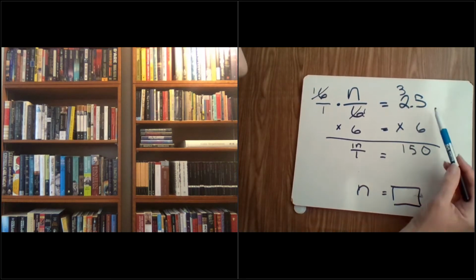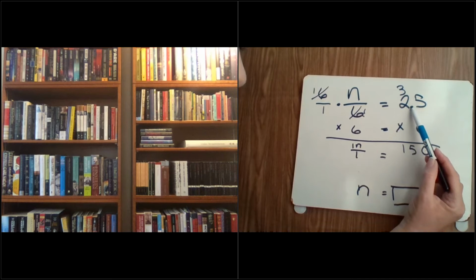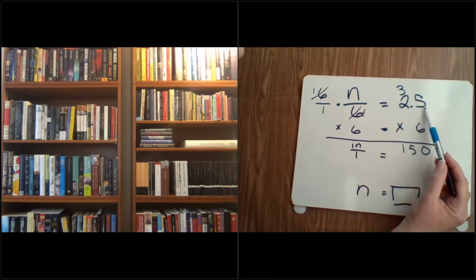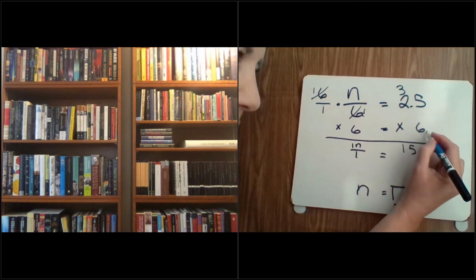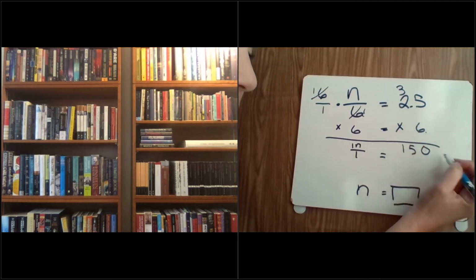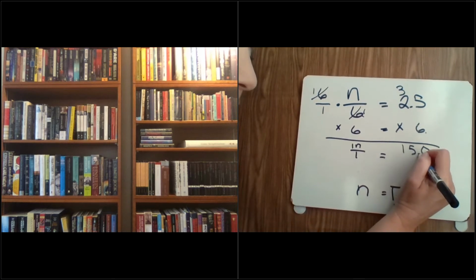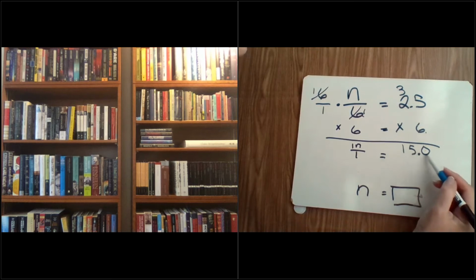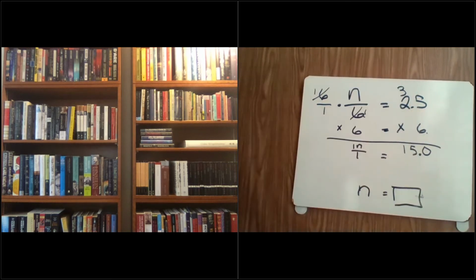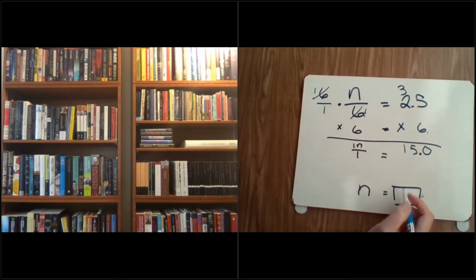But when I have my answer, I have to go back and find the decimal points within the two numbers, and I see how many digits there are to the right of the decimal. There is this 5 to the right of a decimal, and technically there's a decimal right there, but there's no digits to the right of it. So in the problem, there was one number to the right of the decimal. In my answer, there will be one number to the right of the decimal. So the answer is 15.